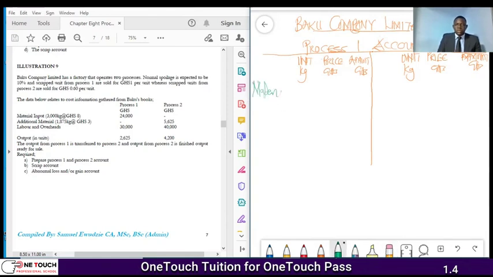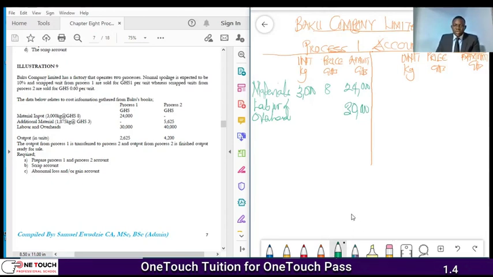So materials, process 1 was 3,000 kg at a price of 8, giving us 24,000. Then we have labor and overheads. Labor and overheads cost of what? 30,000. Okay, good. Then we are saying that output in units is 2,625.